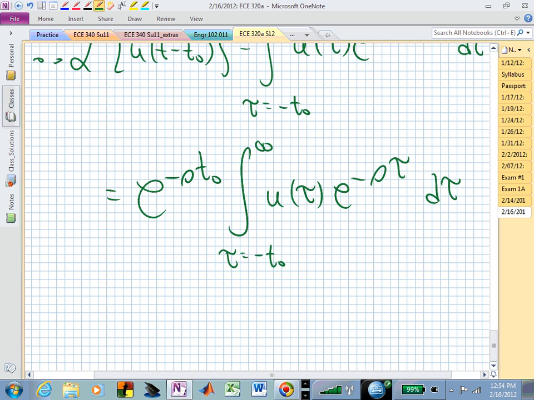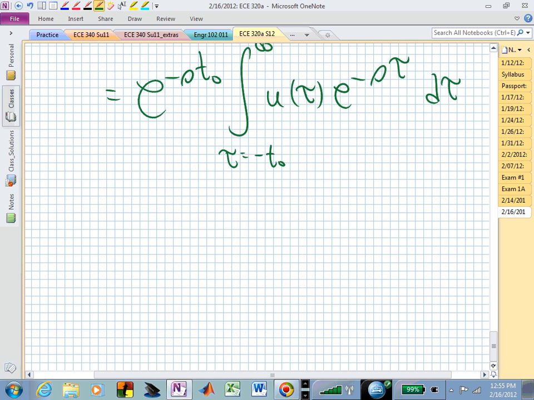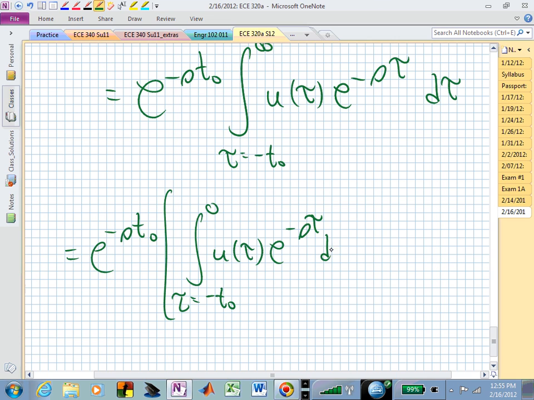This is slightly different than what we had before, because before we were integrating from 0 to infinity. This is now a little bit to the left of that. Well, let's do this in baby steps. Let's say this is e to the minus s t naught. Now we can integrate from tau equal minus t naught up to 0 of u of tau e to the minus s tau d tau, plus the integral from 0 to infinity of u of tau e to the minus s tau d tau.